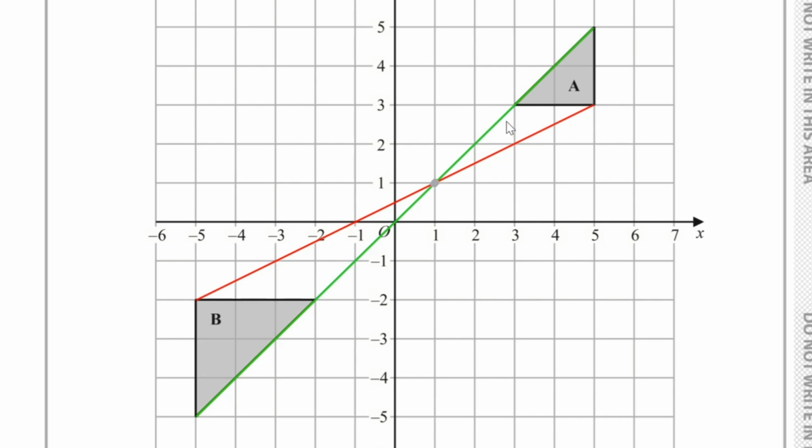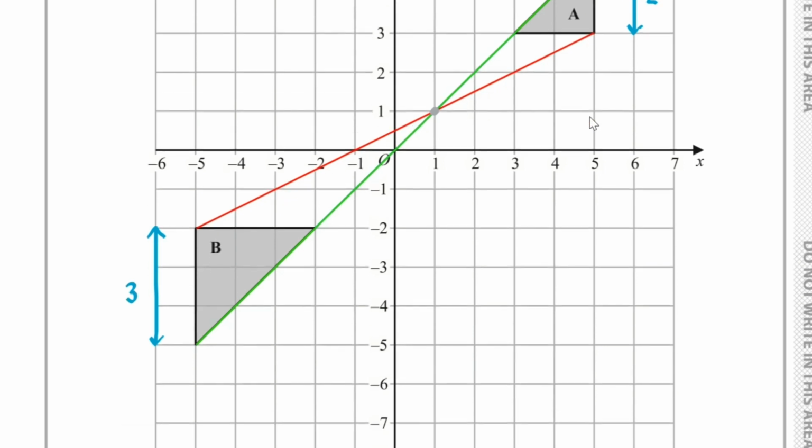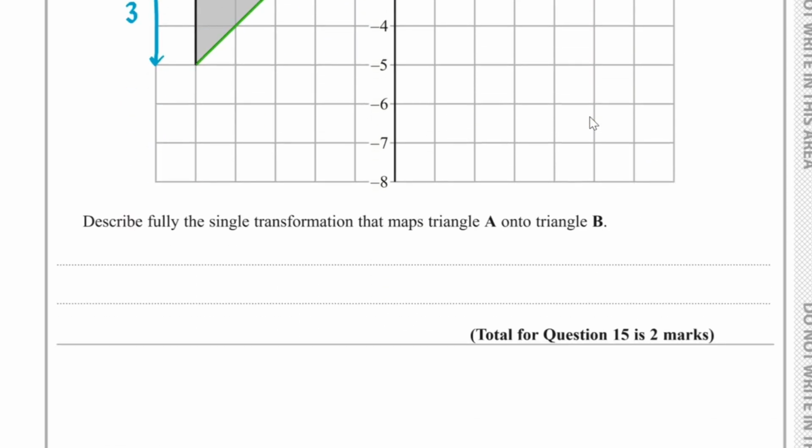And if we take a look at our scale factor, we are going from a side length of 2 to a side length of 3, and so our scale factor will be 3 over 2, or 1.5 in other words.